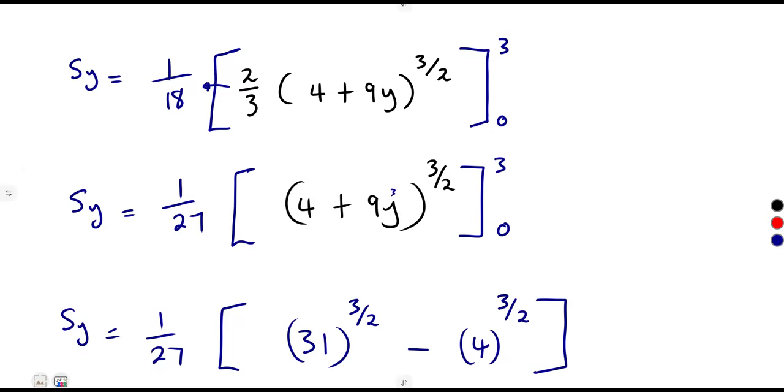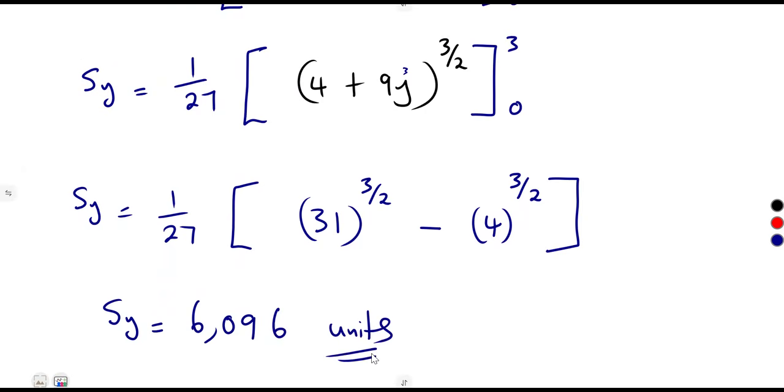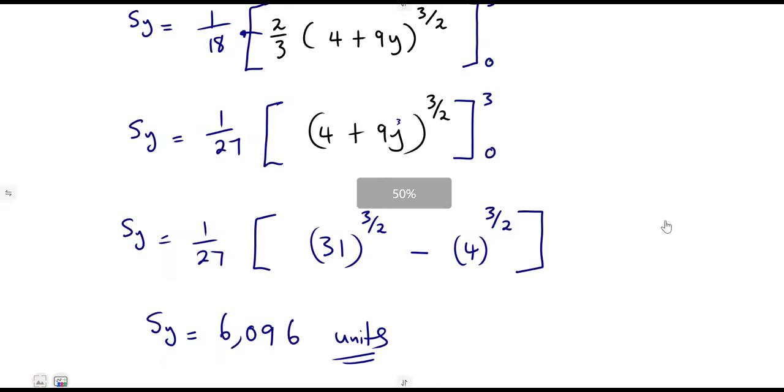We simplify what we are given. So this is 1 over 27 times the whole of this part. It gives us 6.096 units. This is arc length, so it's just units, to 3 decimal places. As you can see, this is one of the direct applications. You just have to follow these steps.